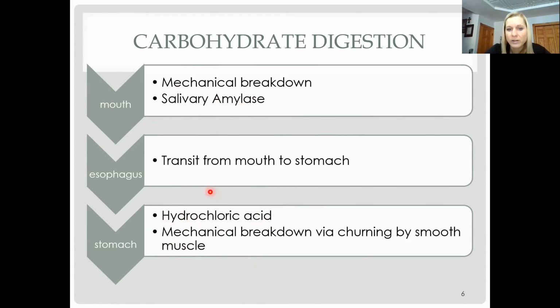The reason is that when I get to the stomach, I'm going to focus on the mechanical breakdown and the chemical breakdown of some other nutrients. So once I get to the stomach, the priority is the breakdown of fats and proteins, and carbohydrate breakdown actually shuts off.